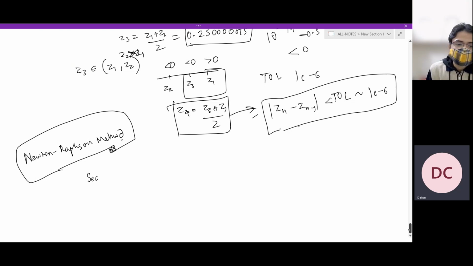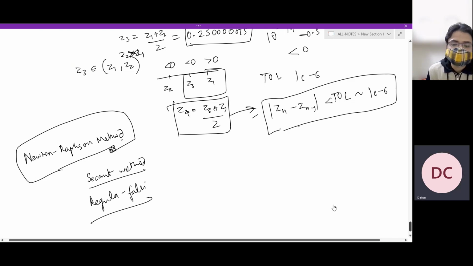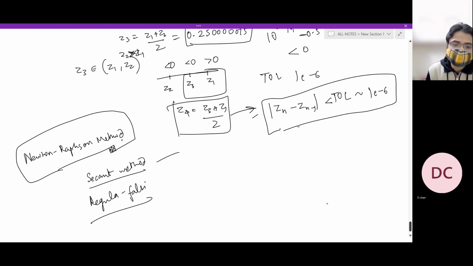So the other part would be the secant method. So do you want me to discuss this secant method and the regula falsi if you want? It all depends on you. If you had not been here, then I would have just gone ahead and solved all these problems. But since you are here, your choices matter to me.